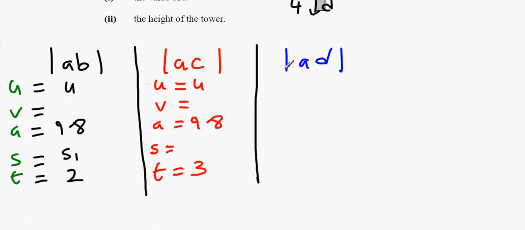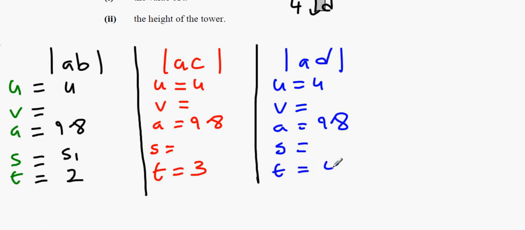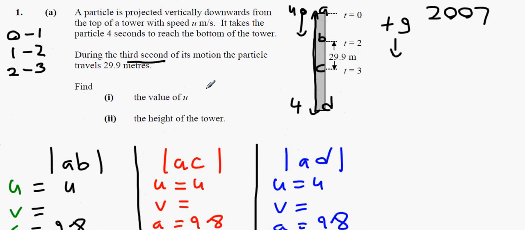Finally, the blue one: U equals U, V we don't know, A equals 9.8, S we don't know, and we know that T equals 4. So let's look at the information sets provided. We're trying to find the value of U and then the height of the tower.